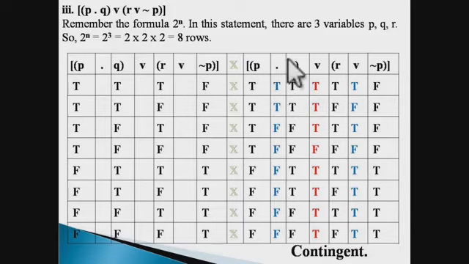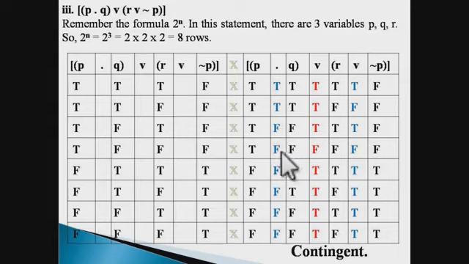So, this is a conjunction. It is true when both conjuncts are true, which means if this statement is true and this statement is true, this value will be true. That's why we have true here. True, true will give us true because it's a conjunction. True, false will give us false. A conjunction is only true when both conjuncts are true. Any other condition is false.